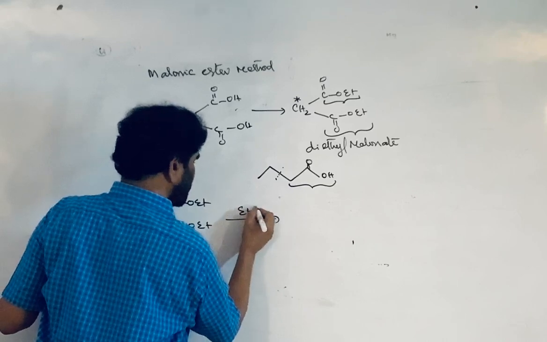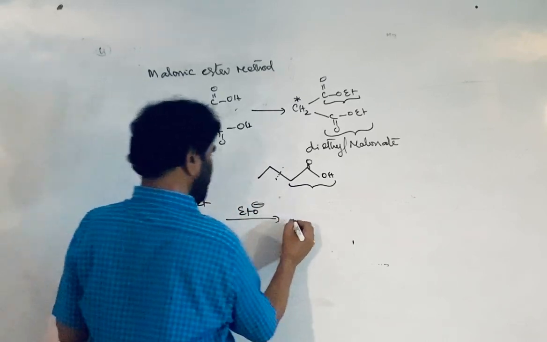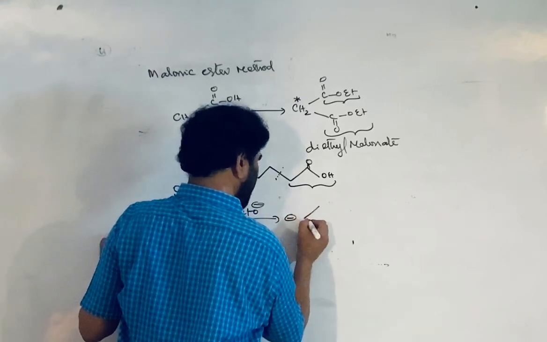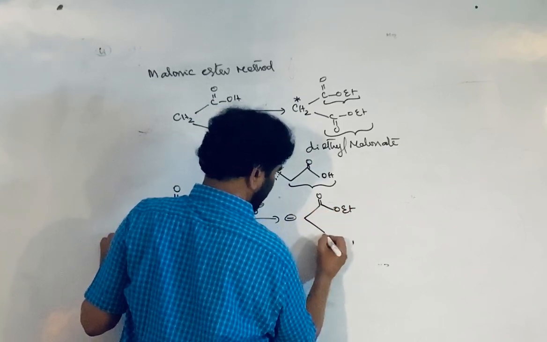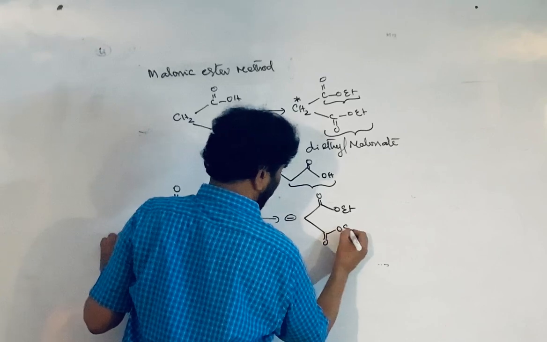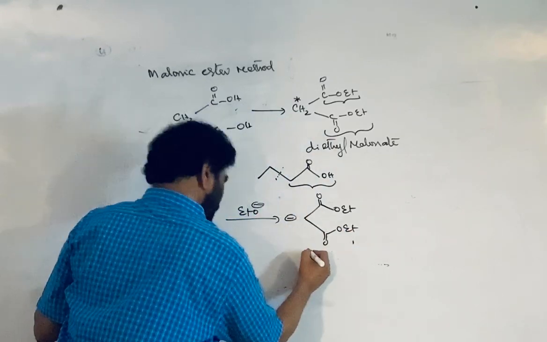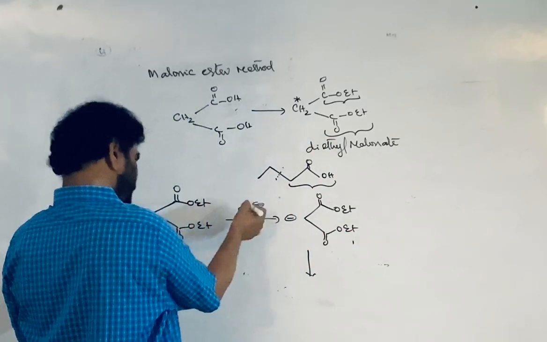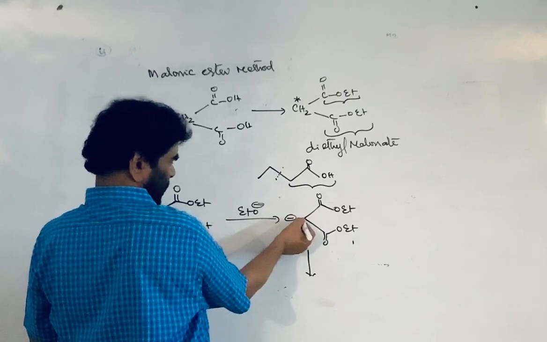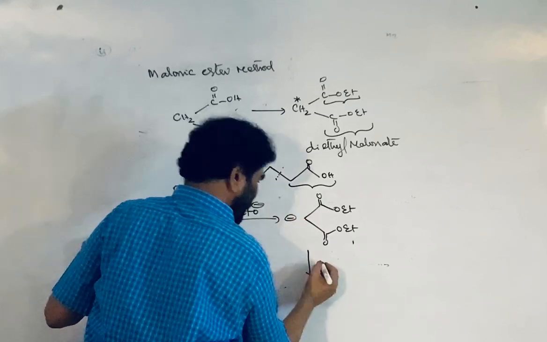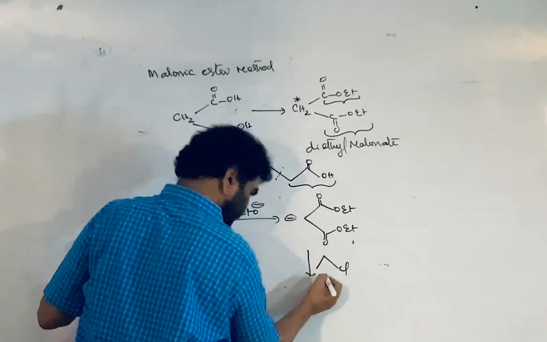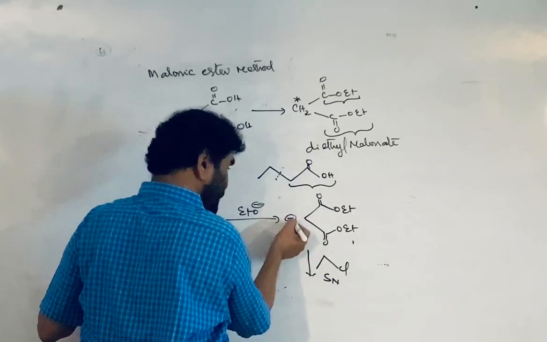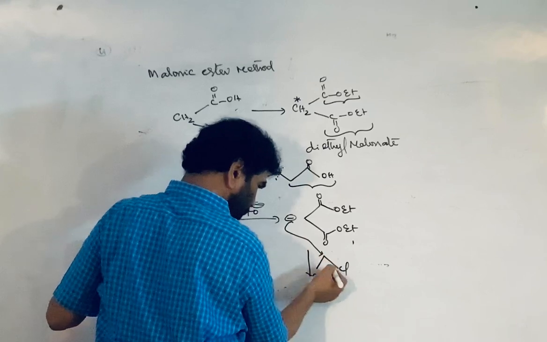Treat with sodium ethoxide, so a carbanion is generated on the alpha carbon atom. Now the ethyl group is to be introduced, so you take ethyl chloride. This is an SN reaction, the nucleophile attacking.